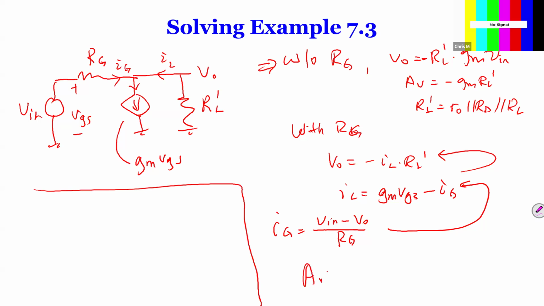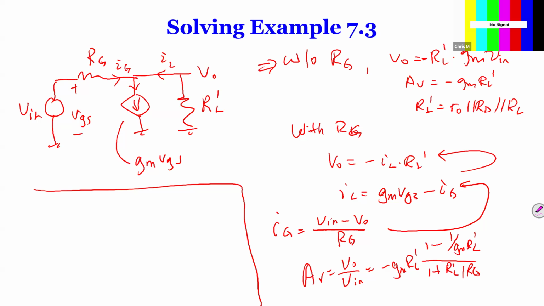So AV is equal to VO over V in, and equal to minus GM RL prime times 1 minus 1 over GM times RL, 1 plus RL prime over RG. But the thing is that RG is quite a big number, so this one actually approaches 0, very small.